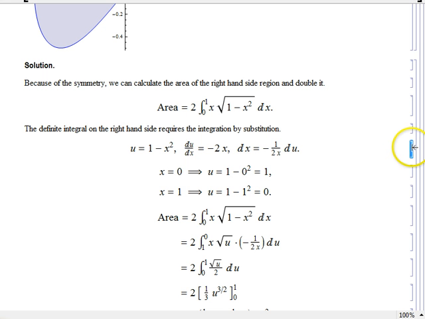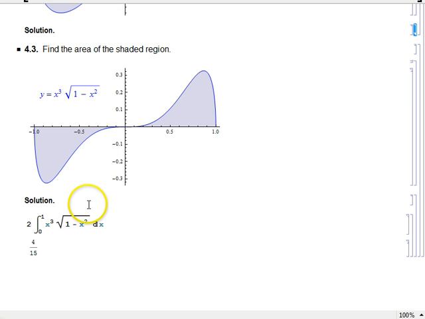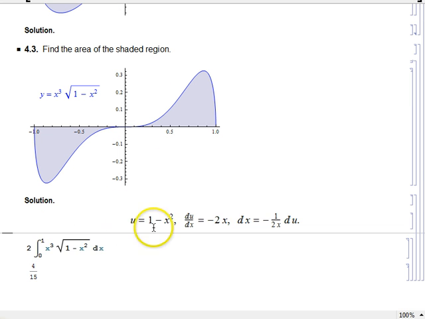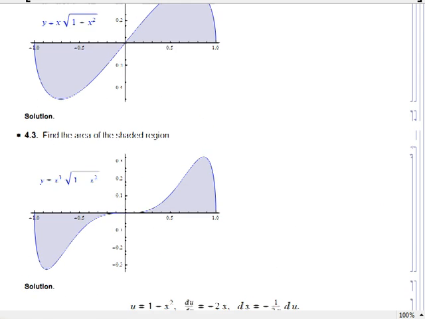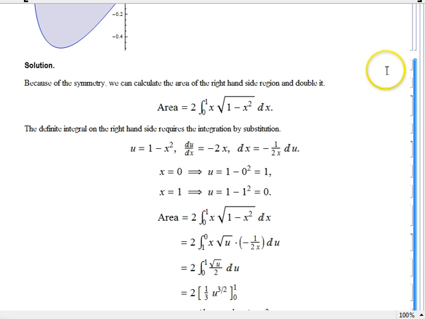So let's copy to make this a little bit simpler. The first step is going to be the same. We have to find out, as a matter of fact, I didn't copy enough. Okay, let's copy that one.